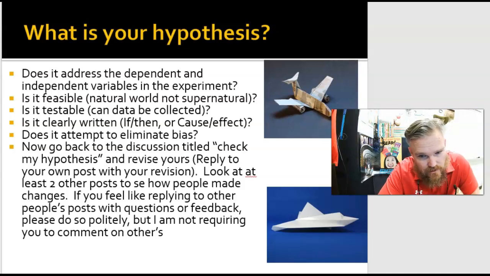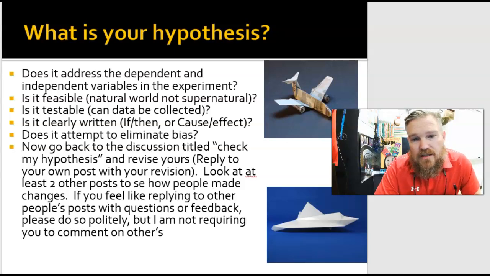So those of you that are getting a little too ahead of yourselves and want to look at number of folds, wing size, all that kind of stuff as a predictor of how far a plane might fly or how acrobatic it might be or whatever, we need to separate that out. We need to narrow it down to just one variable that will help us gather data and determine which plane is the best.